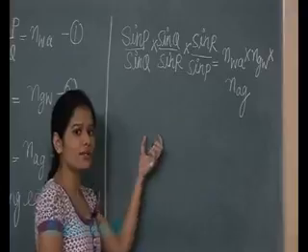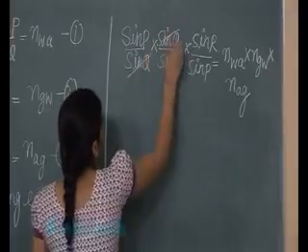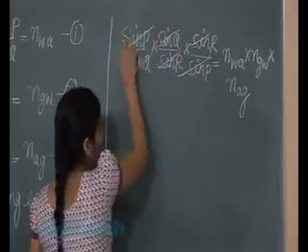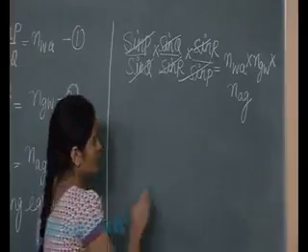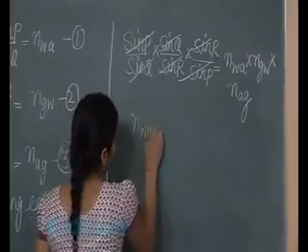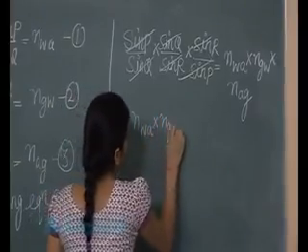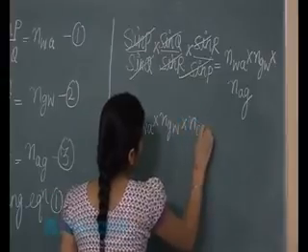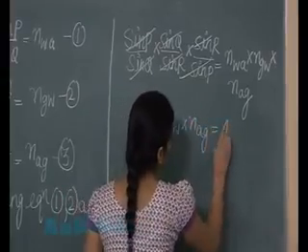Now student, on the left hand side, all these terms will cancel out each other and we are left with Nwa into Ngw into Nag is equal to 1.